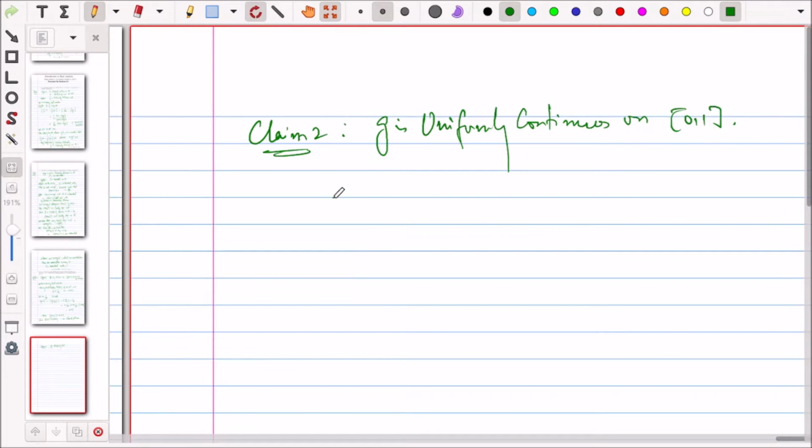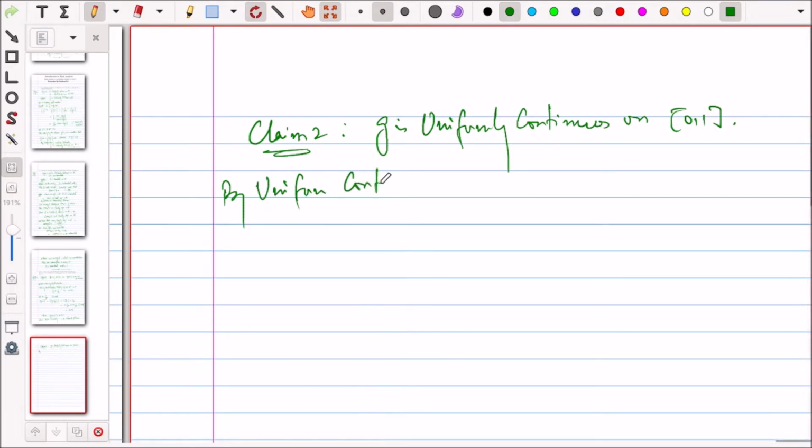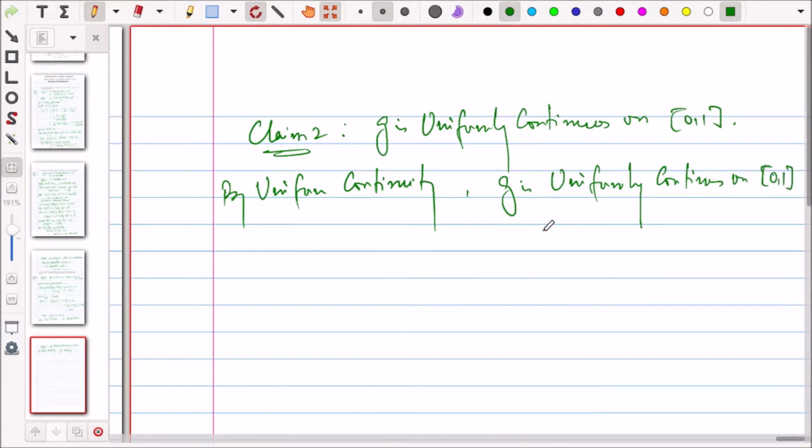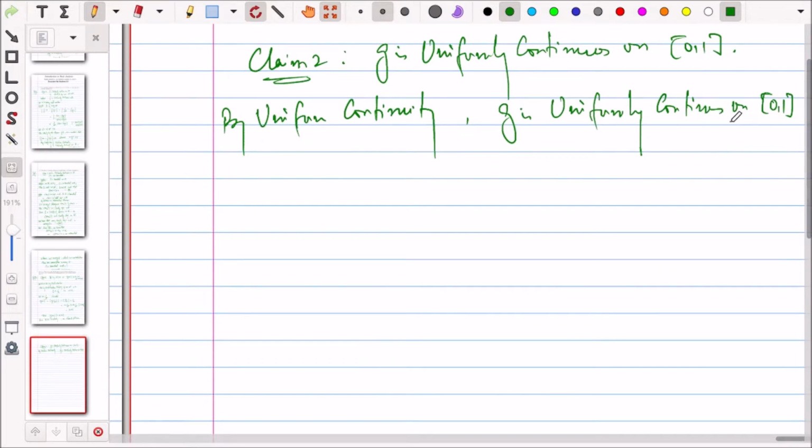So for this, by the uniform continuity theorem, g is uniformly continuous on [0, 1], because every continuous function on a closed and bounded interval is uniformly continuous. So g, being a continuous function, is uniformly continuous on [0, 1]. So by the uniform continuity theorem, g is uniformly continuous on [0, 1].